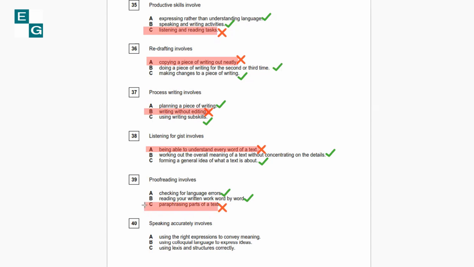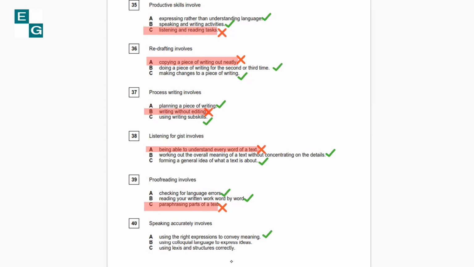Then for number 14, it says speaking accurately involves using the right expressions to convey meaning, using colloquial language to express ideas, or using lexemes and structures correctly. So we can say that if you are speaking accurately, it means you're using the right expression.